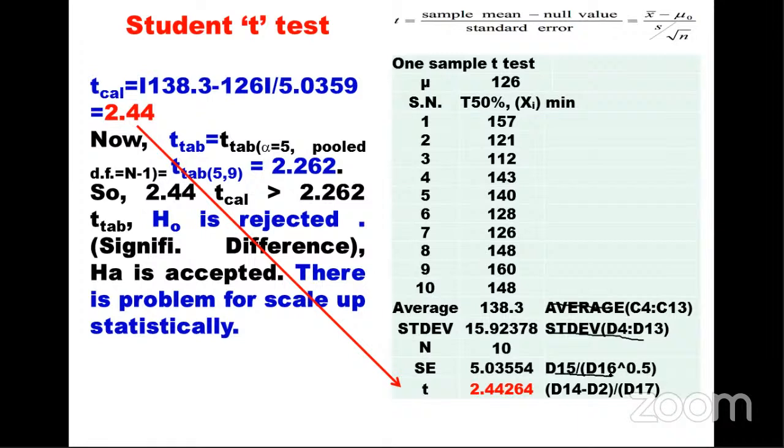This is our third function, that is SEX, and this is our actual calculated value. So using simple Excel, we can calculate T, 2.44. From the T table, we saw the values and then concluded it. So it comes almost the same, up to the decimal point.